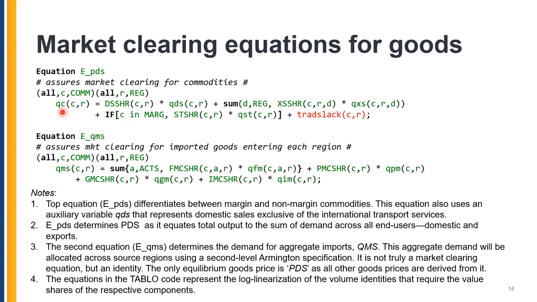They're getting the same effect: two different treatments based on whether it's a margin commodity or non-margin commodity. And that's the important point. You get the two different treatments here using an if function. In the older version of GTAP, you would get it through two different equations defined over different sets.